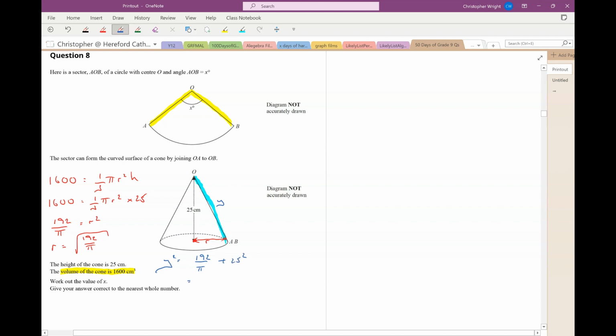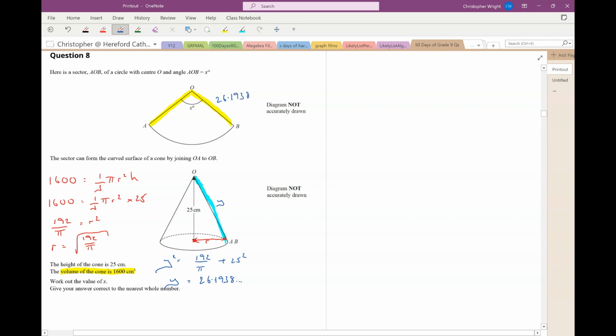So on my calculator, 192 divided by pi, add on 25 squared, and square root my answer. That tells me that y is 26.1938, and so on. So that is the length from O to A, which is also the length of O to A and O to B on this diagram up the top.